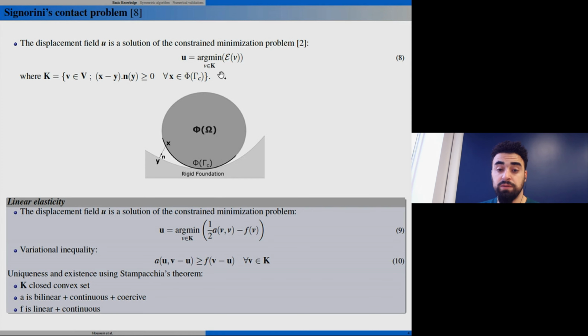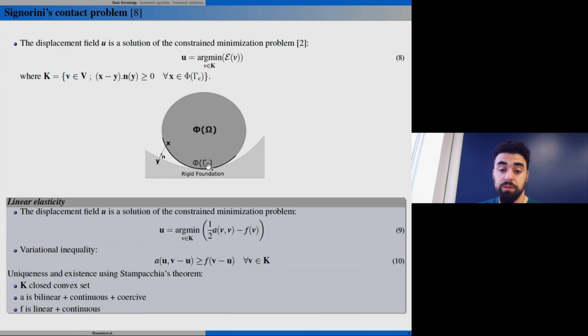The displacement field is also a solution of the minimization of the total potential energy over the set K. K is a set that represents the non-penetration condition between the body and the rigid foundation.